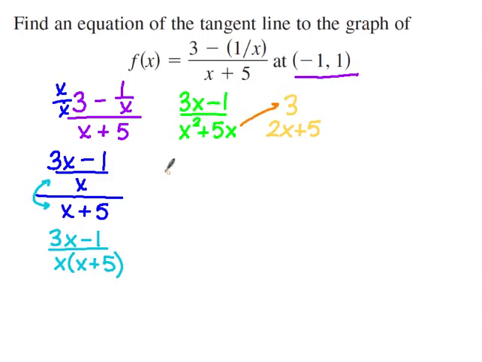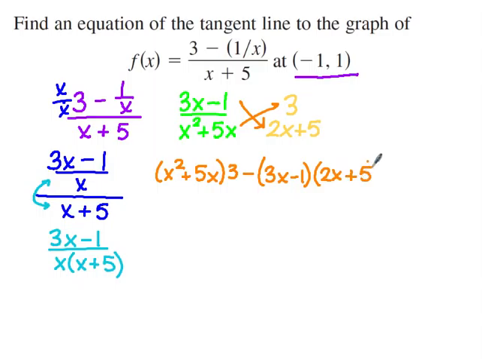So I take low d high, minus high d low, over low squared. Now some people think you can cancel off your x squared plus 5x in both the top and the bottom. You can't, because each term does not have an x squared plus 5x.